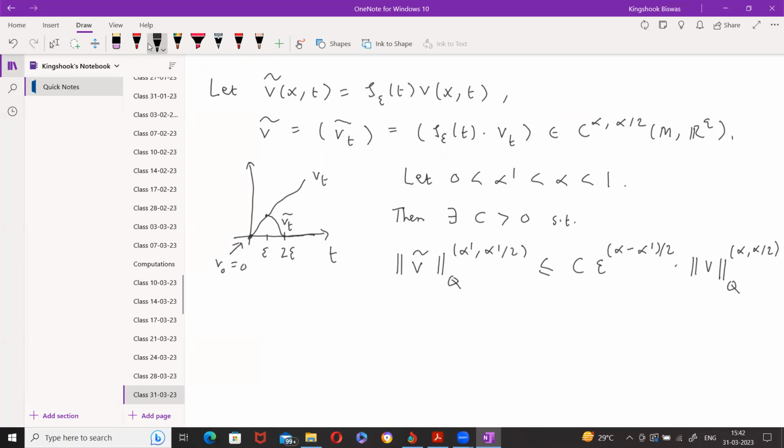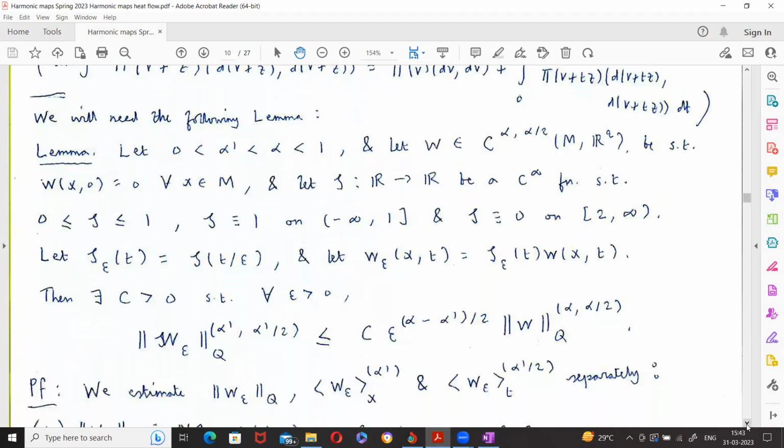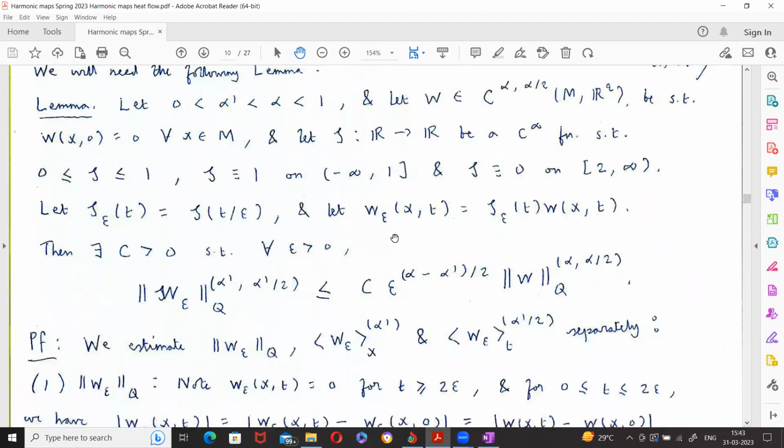So I don't think I have time to prove this today. You can look in the notes, it's done here. It's just an elementary thing. So this is the lemma here. My notation is a little different. I'm calling that V tilde some W epsilon of xt. It's the same thing, zeta epsilon of t into W of xt. My hypothesis is that W at time 0 is identically 0.